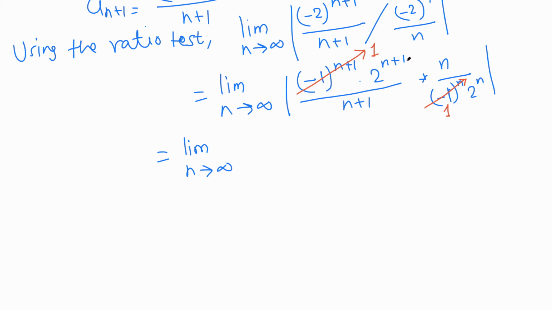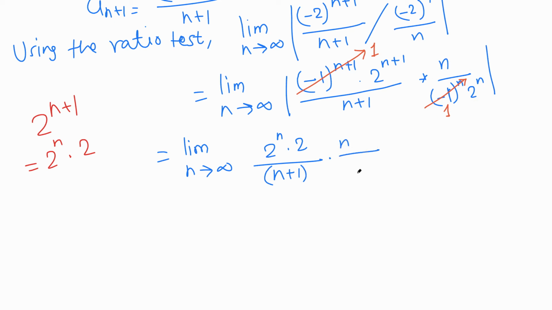Now 2 raised to n plus 1 is the same as 2 raised to n times 2 raised to 1, which is 2. So this can be factored as 2 raised to n times 2, over n plus 1, we cannot cancel anything, that's a block, times n over 2 raised to n. Now as you can see, 2 raised to n from top and bottom cancel.